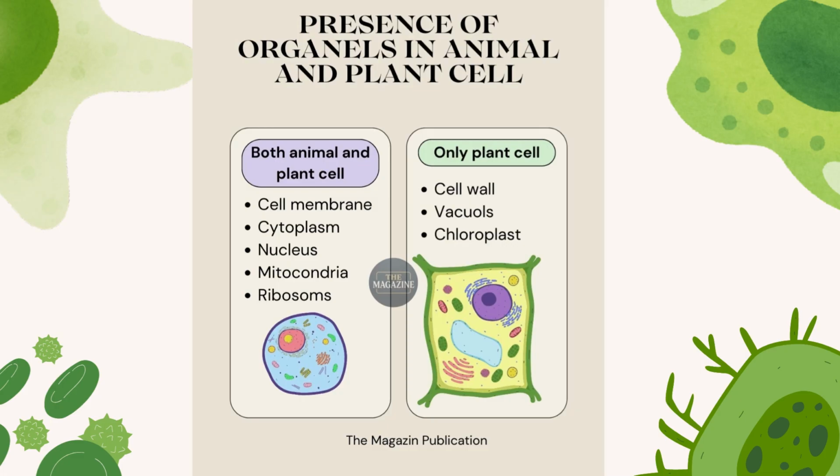If it is present in the animal cell, we call it vesicles. Especially, vesicles are very small in size, sometimes present or sometimes absent. So keep this point in mind.